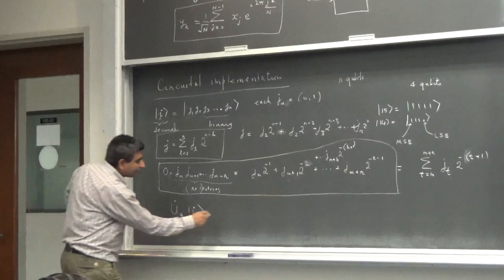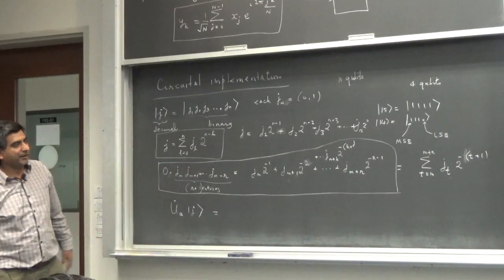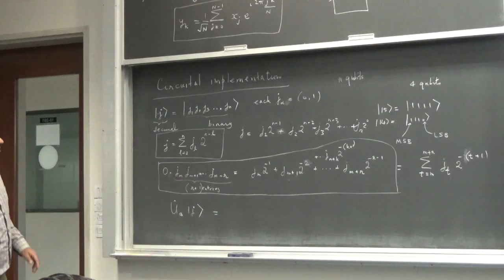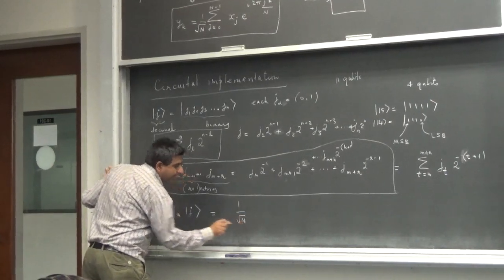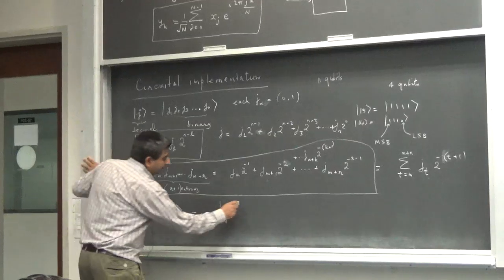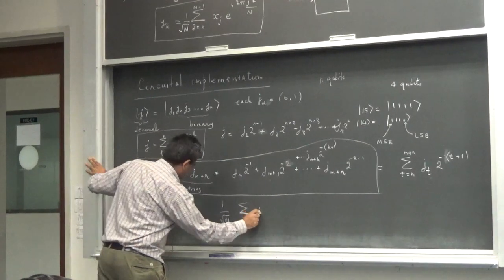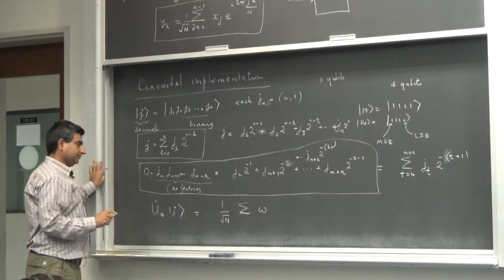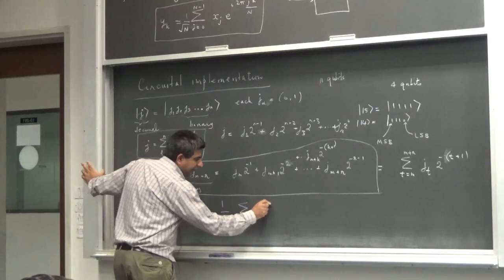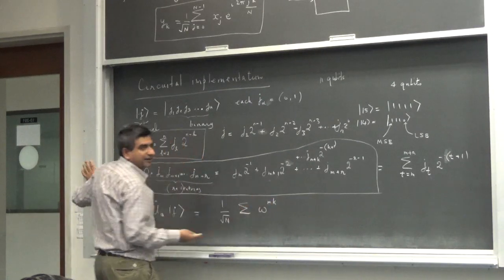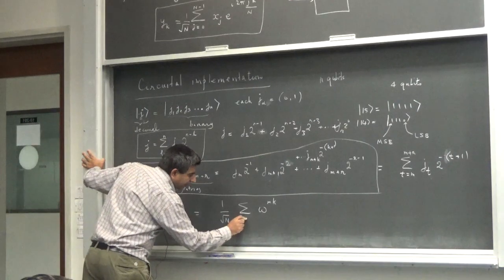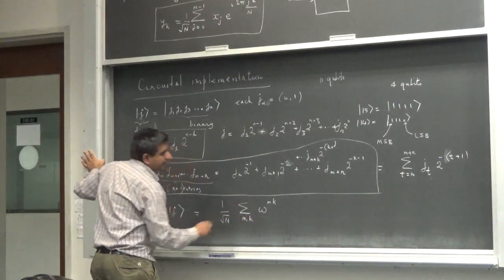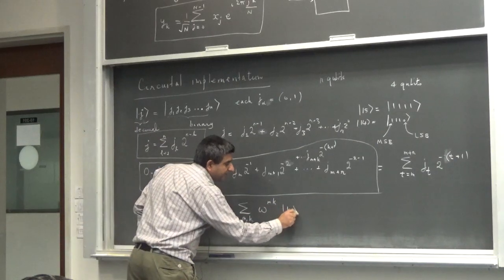Alright, so let's start off with our definition for U_Q. Our U_Q is 1 over root N, sum of omega, let's choose m and k instead of j, sum over m and k, ket k bra m.